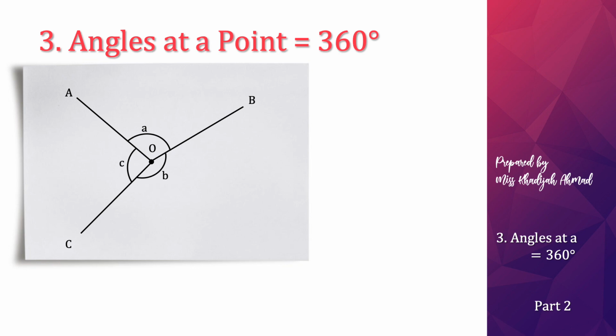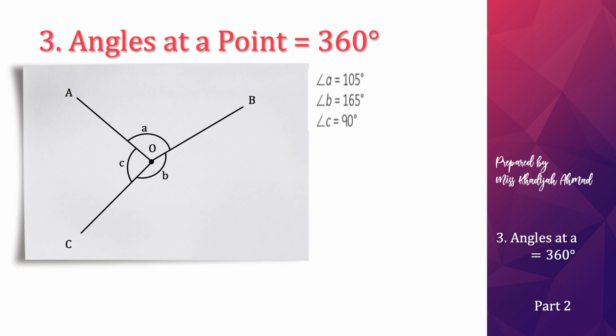Finally, measure your angles. In my case, my angles are measured as follows. Angle A is 105 degrees, angle B is 165 degrees, and angle C is 90 degrees. All of my angles meet at a point O. So let's see if it is true that the sum of angles at a point is 360 degrees.